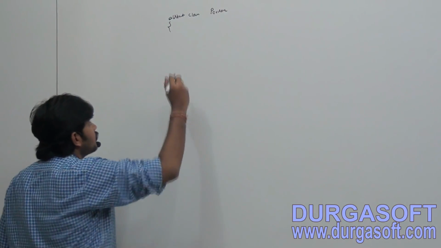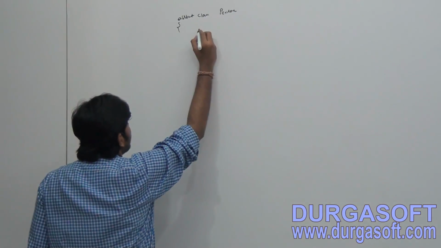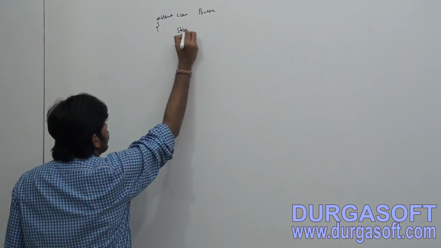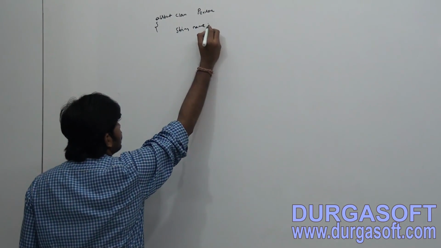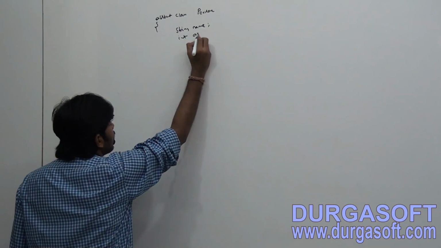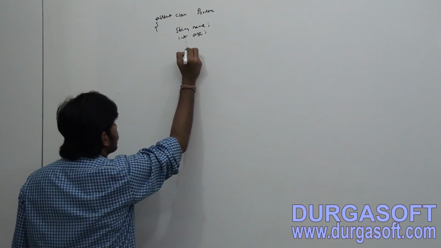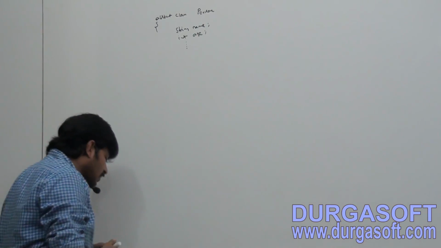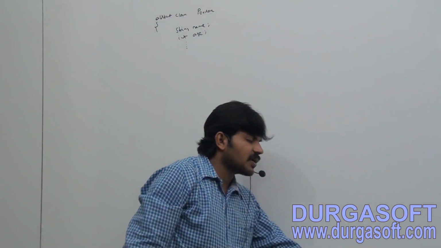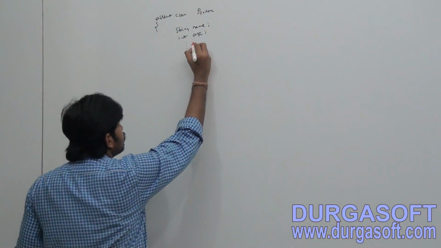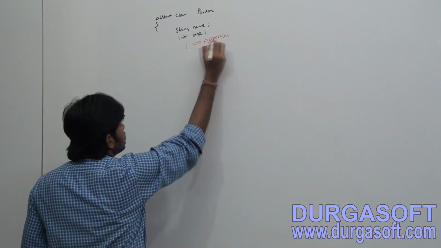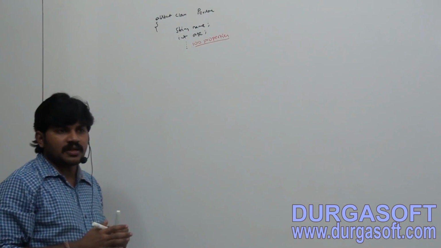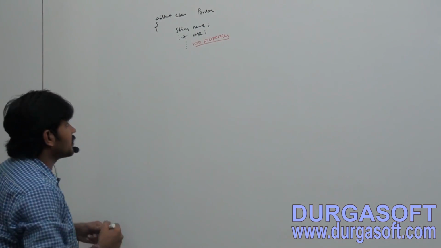Assume the first property is name, then int age. How many properties does every person contain? Just assume for the example's sake 100 properties are there for every person.